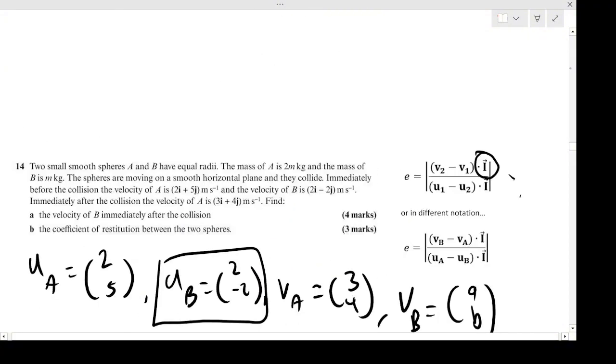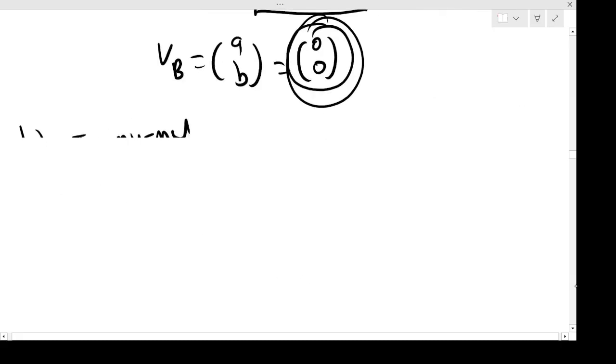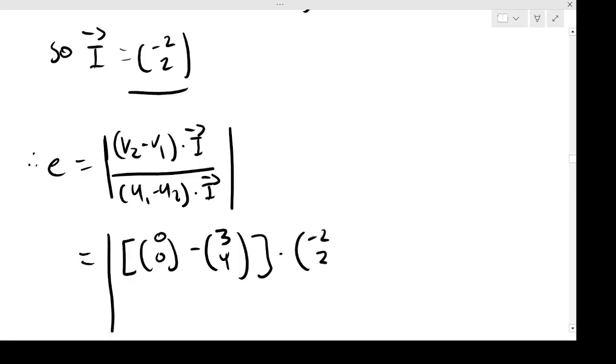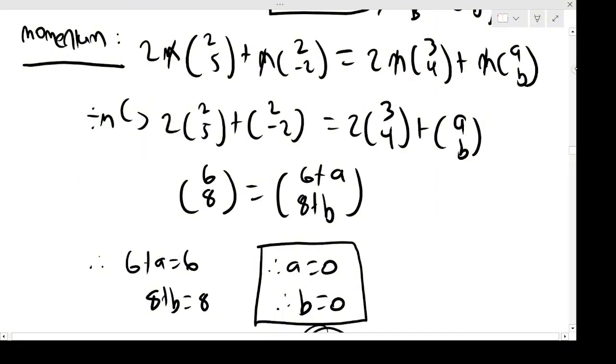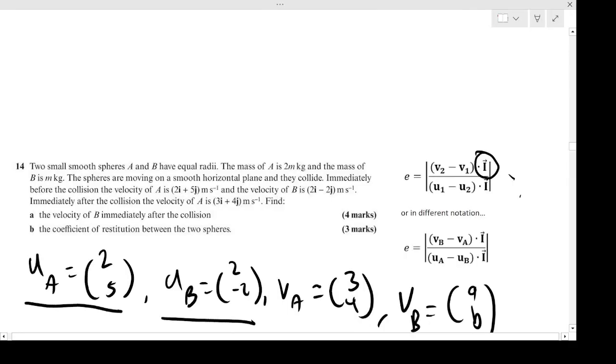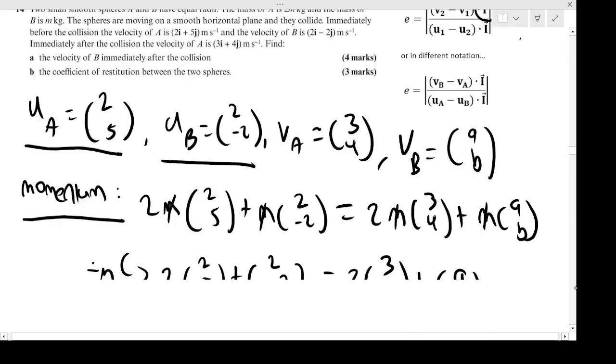Now, V1, which is also VA, is (3, 4), so take away (3, 4). Then I'm going to dot that with this I, which is (-2, 2). Then I'm going to divide by U1 take away U2. So U1, remember, UA is (2, 5), and U2 is (2, -2). So (2, 5) take away (2, -2).